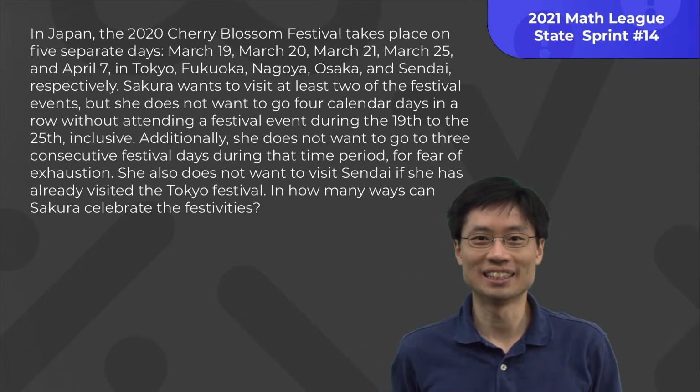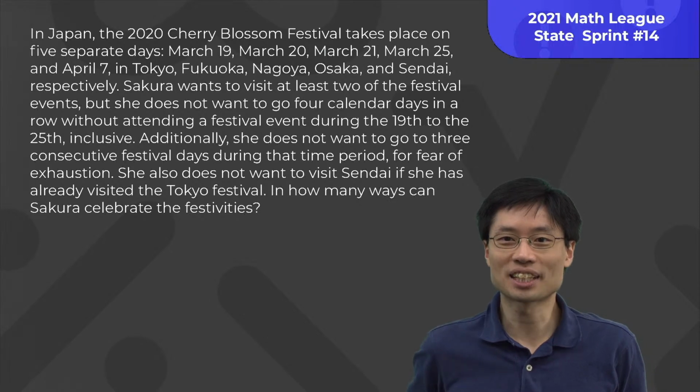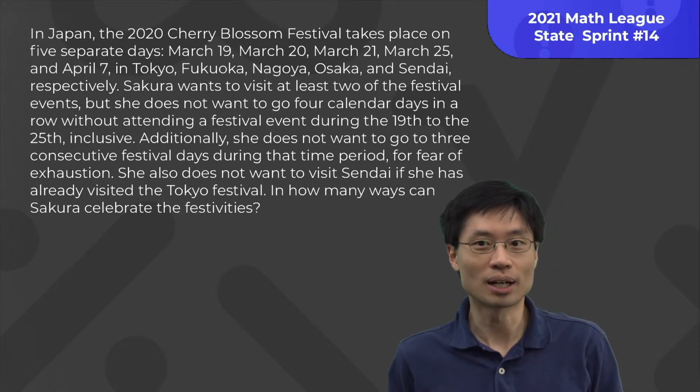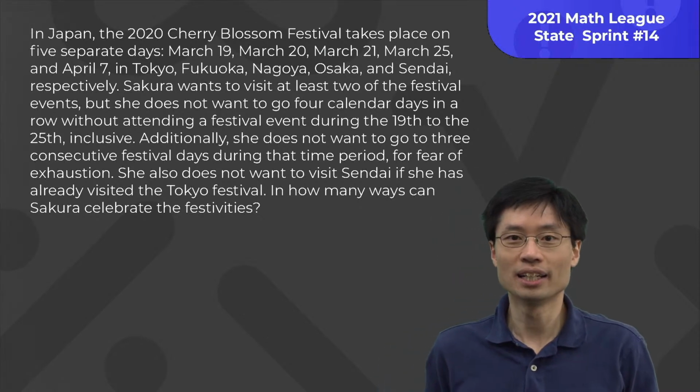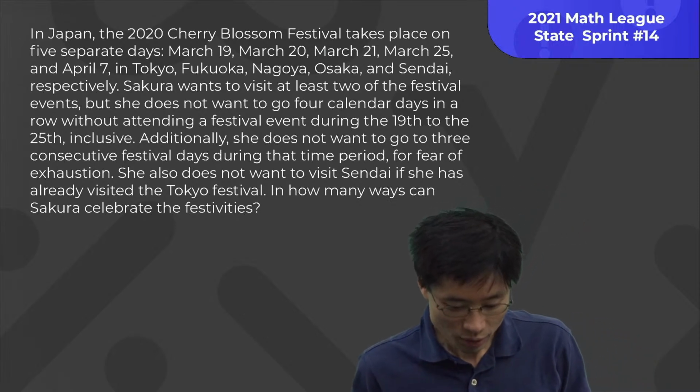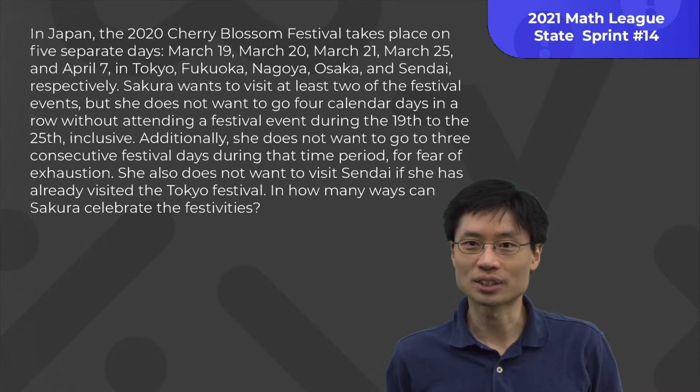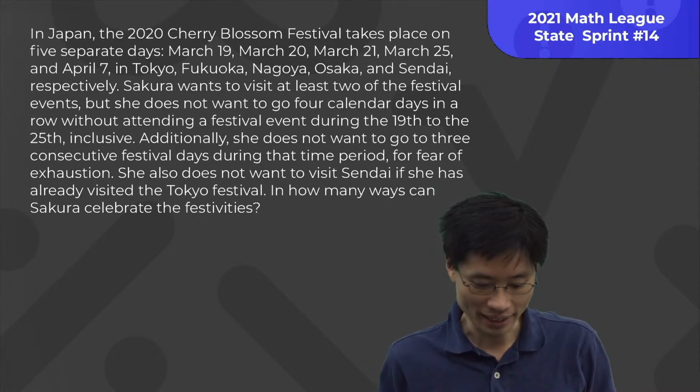Question number 14. In Japan, the 2020 Cherry Blossom Festival takes place on 5 separate days: March 19th, March 20th, March 21st, March 25th, and April 7th in Tokyo, Fukuoka, Nagoya, Osaka, and Sendai, respectively.